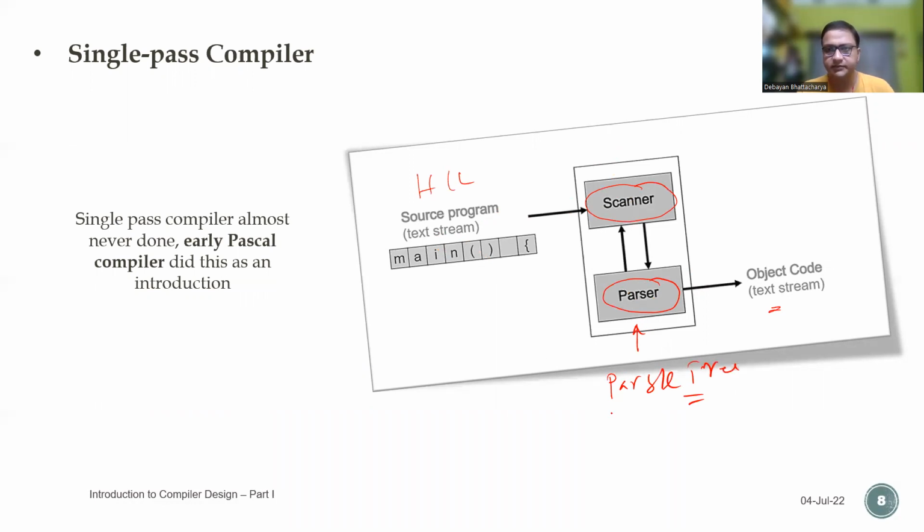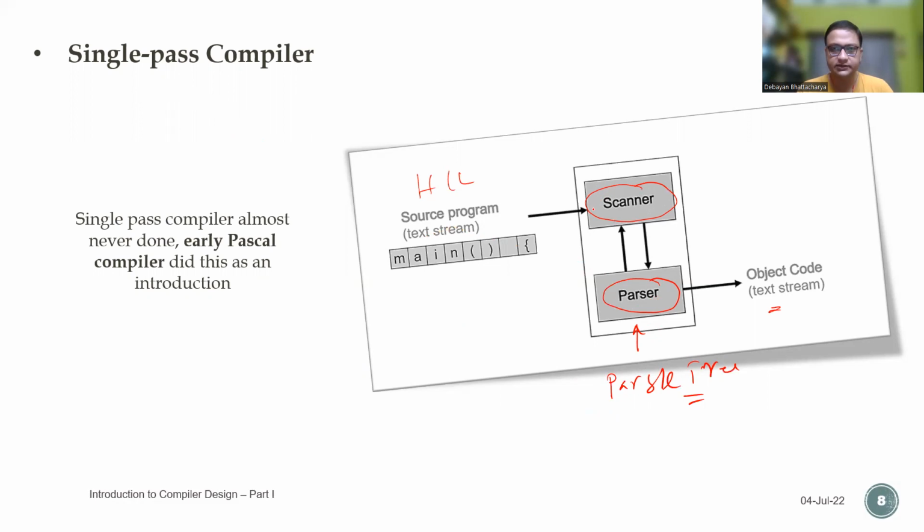So what is a parse tree? A parse tree is a tree-like representation of the rules of any particular language. How we generate the parse tree, we will see later in our lecture series. Don't worry. At the moment, we just concentrate on how a single pass compiler works.